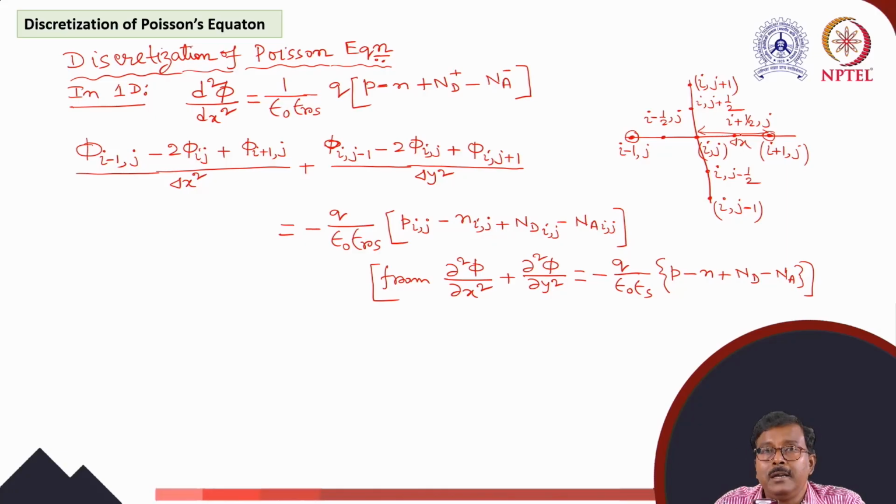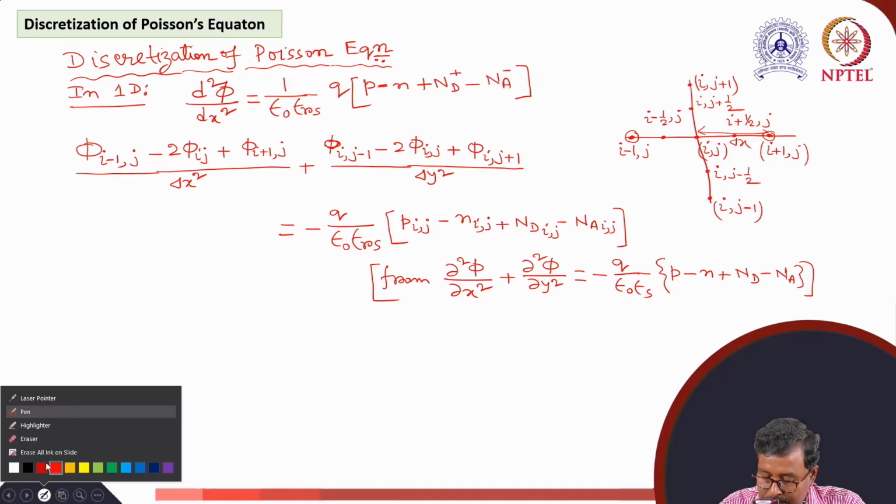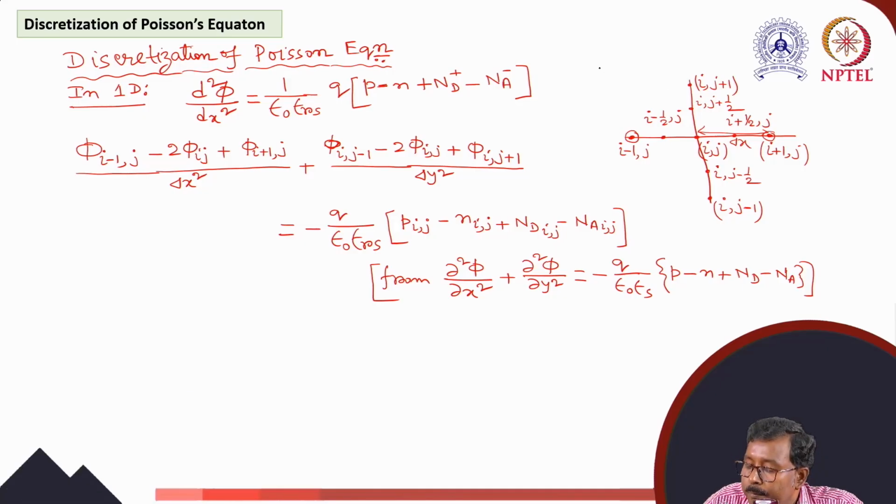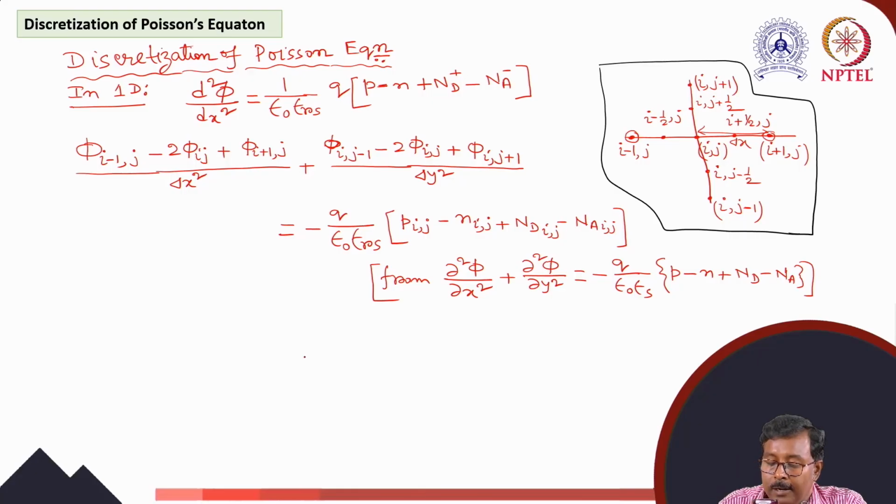Here the half point is not being used, although I mentioned I plus half, that will be used later. So as per notation, let us draw the notation within a box. And similarly in the y direction, this value ij plus 1 plus ij minus 1 minus twice phi at the central point, ij, divided by delta y square.